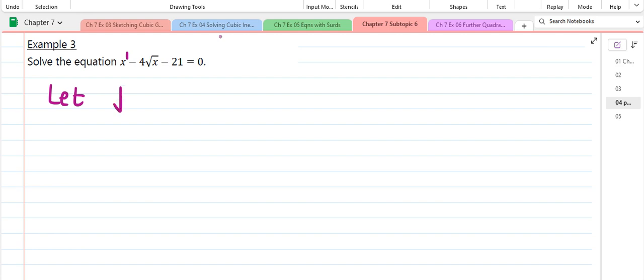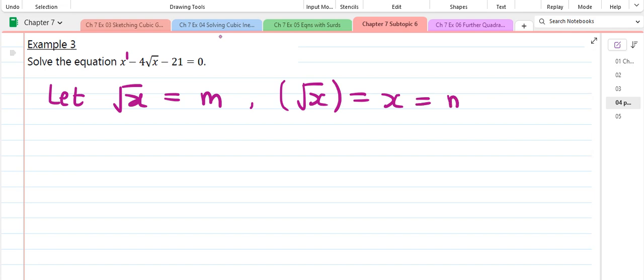So let's say we let square root of x equals to m, which means if you square it, that will give you x, so this x to the power of 1 is m squared. If you square root x, then you will get m, which is this one.